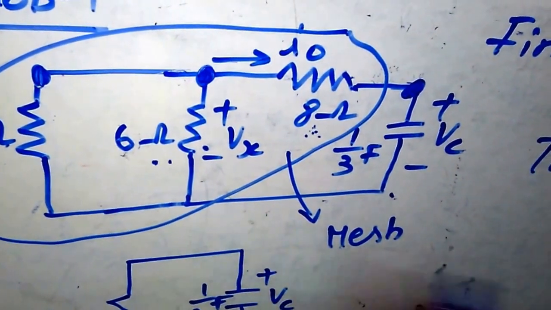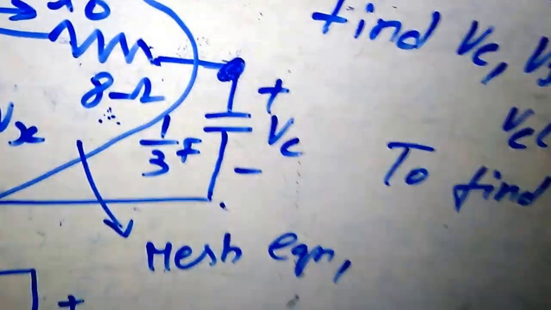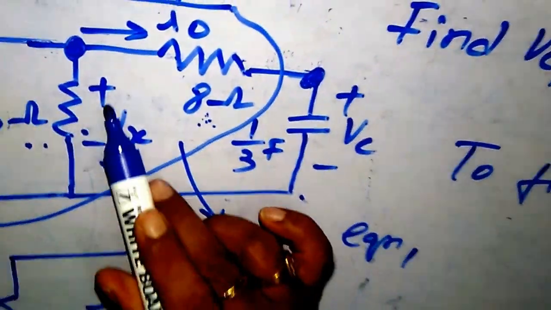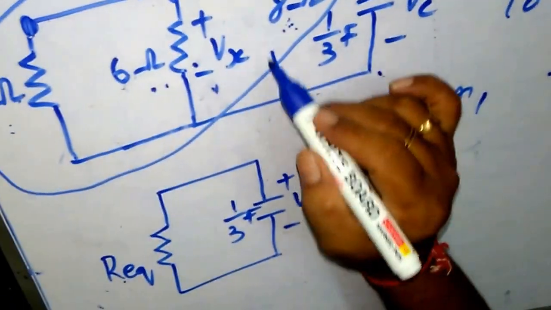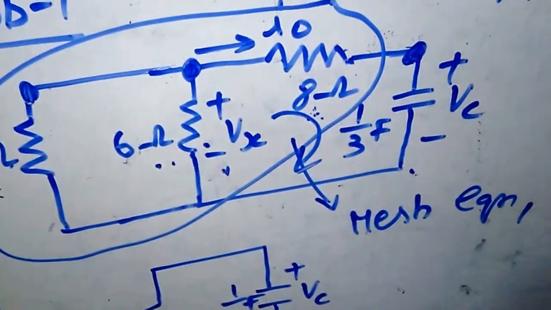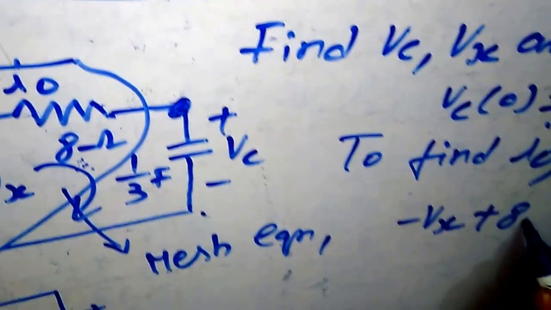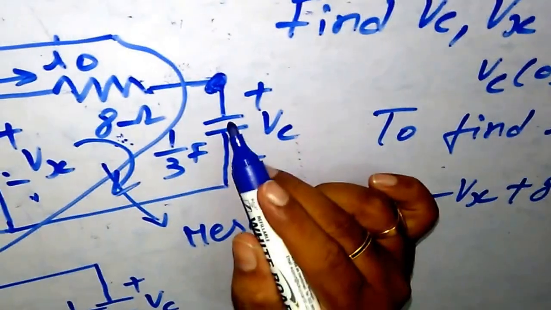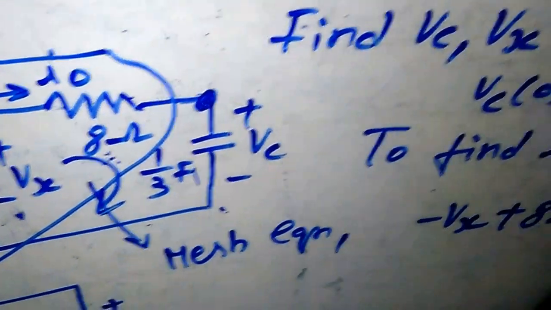If I write the mesh equation by KVL, I get minus Vx, going through like this, minus Vx plus the potential across this 8 ohms, which is 8 I naught, plus Vc equal to 0.